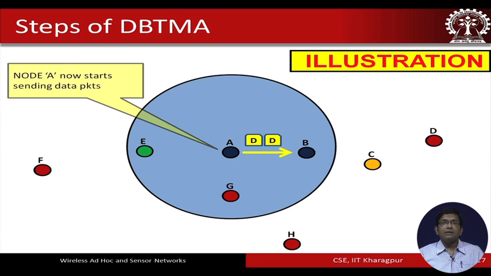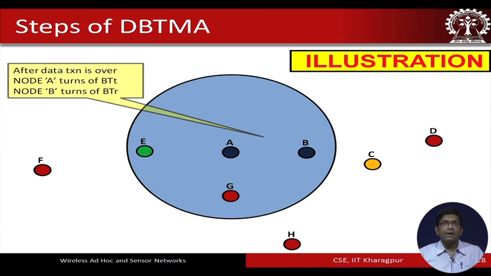Node A then starts sending the data packets. So, basically it is the introduction of the BTR and BTT, complicating the control phase. Instead of sending simple RTS CTS, complicating it a little further to ensure a lesser chance of collisions that can take place with the previous MAC protocols.